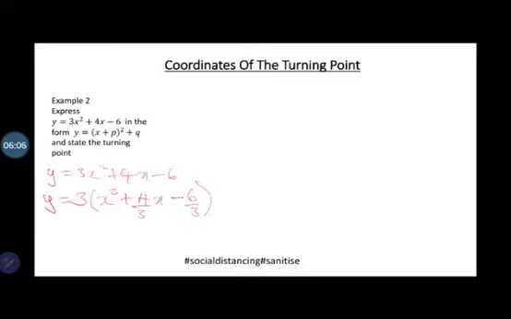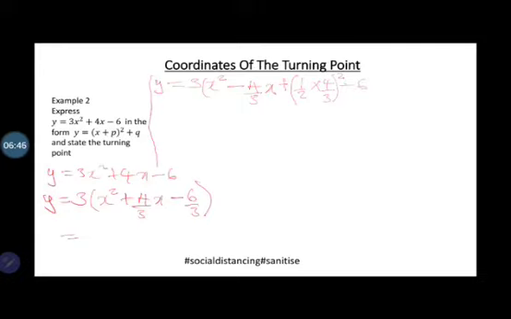Now I have my x squared with a coefficient of 1. The next stage, I introduce my special 0. So we're going to have y is equal to 3 times x squared plus 4 over 3 x plus my special 0, half of b. Our b position now has 4 over 3, so half of 4 over 3 is 2 over 3, squared.